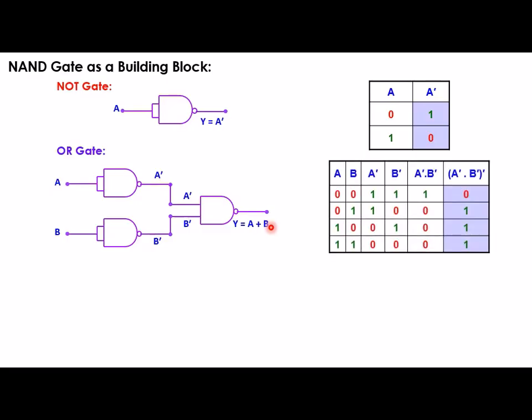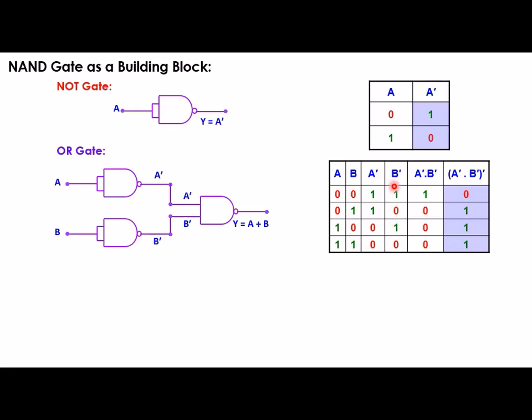The truth table for this entire circuit is this: A and B are the two inputs. Their complements are A complement and B complement, which are the outputs of these two NOT gates realized using a NAND gate. The complement of 0 will be 1, the complement of 1 will be 0, like that.